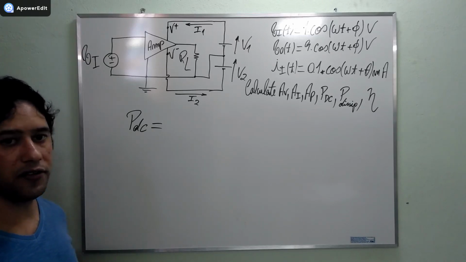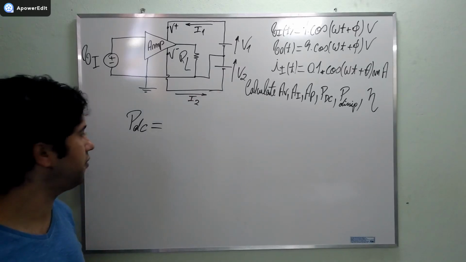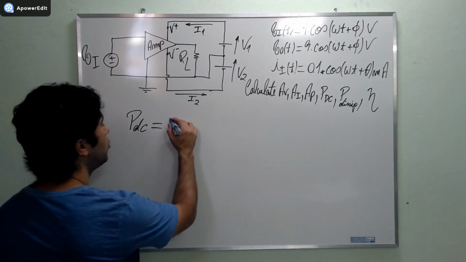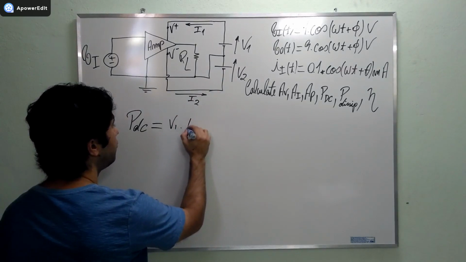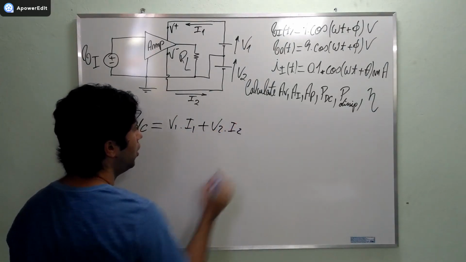For sinusoids, they are not, but for DC values, they are the same. So it's going to be equal to V1 times I1 plus V2 times I2, okay?